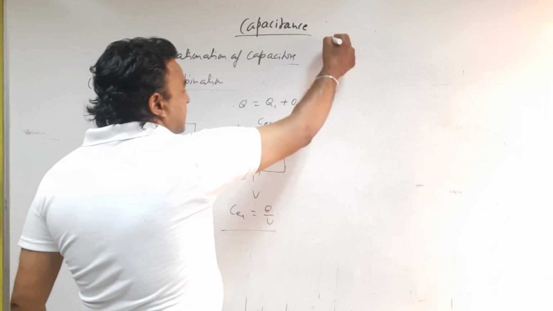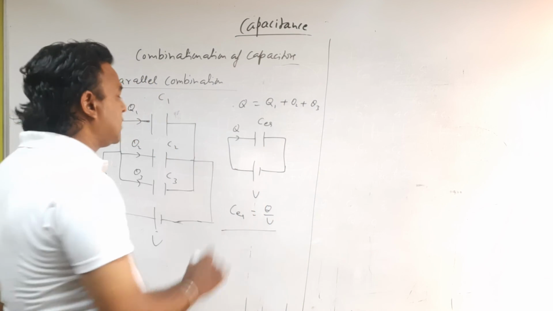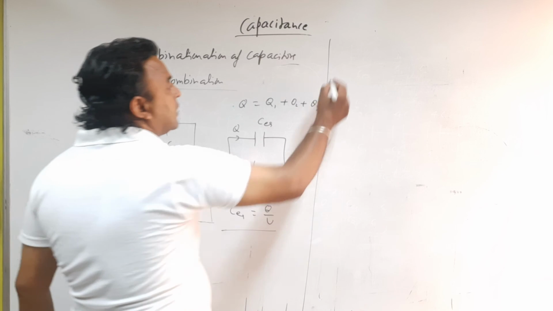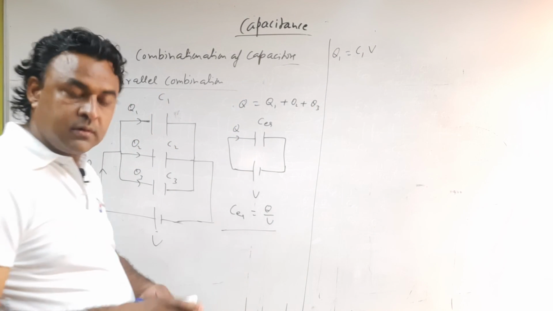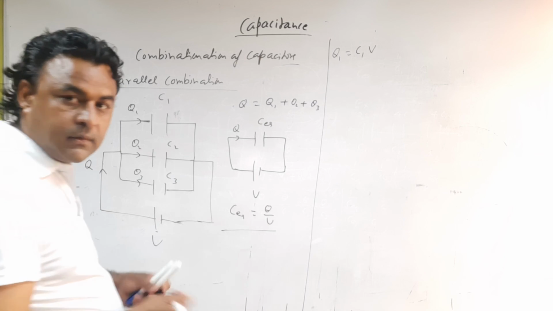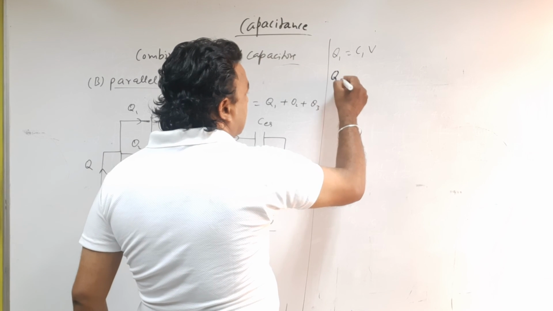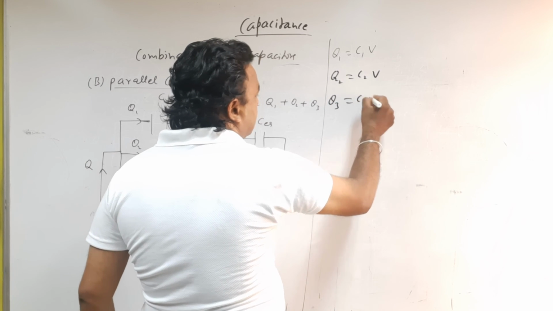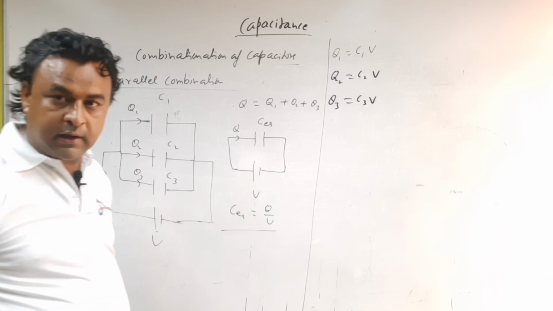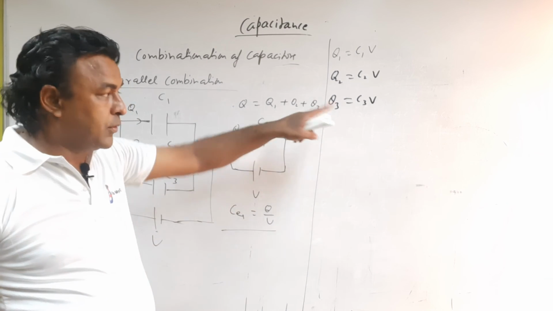Here I will calculate Q1, Q2, Q3. Definitely Q1 is equal to C1V. That's a common formula. Q2 is equal to C2V. Q3 equals C3V.